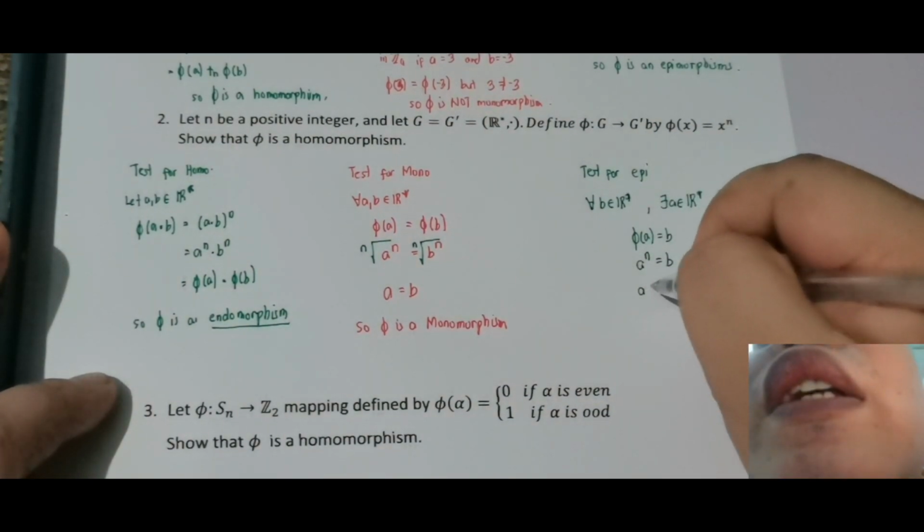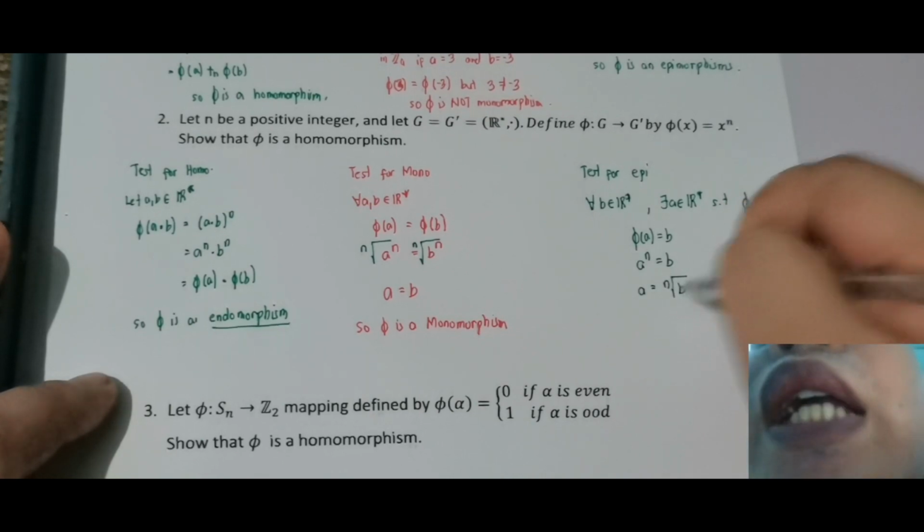So we all know that A is just equal to the nth root of B.